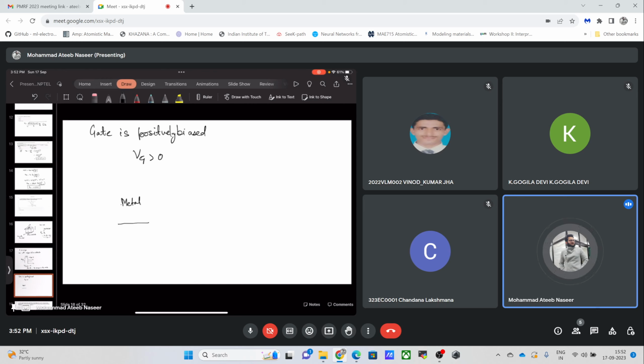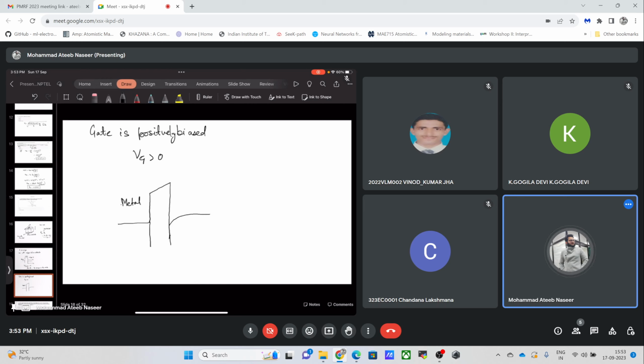Now this is the metal side, this will be the oxide band bending, and this will be our semiconductor side.